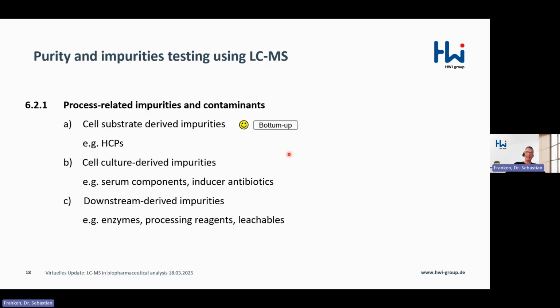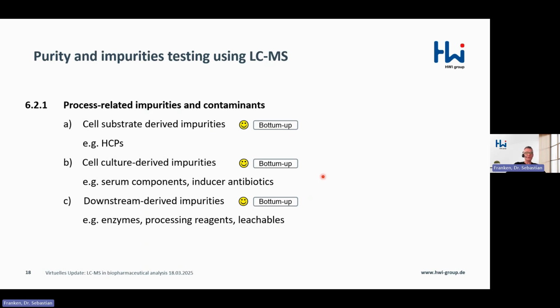And yeah, LC-MS is of course perfectly suited for analyzing cell substrate and also cell culture derived impurities, because if you make a peptide map, you also get the peptides of the host cell proteins, and then you can compare it to a database. And you not only see that there are impurities, but you can also identify the impurities by this technique, which is of course a very big advantage.